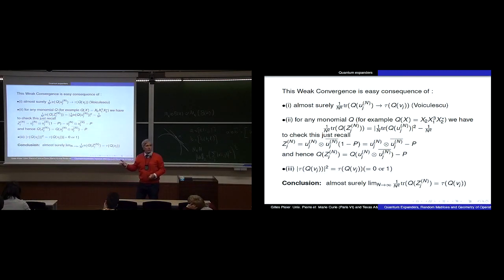If it's trivial, you get 1. If it's non-trivial, you get 0. And so the modulus squared, you don't care. It's the same thing. And this correction by P is a projection of rank 1. So when you take the trace in a space of large dimension, it's completely negligible. It disappears. And so that gives the result. We have this almost sure convergence to these.